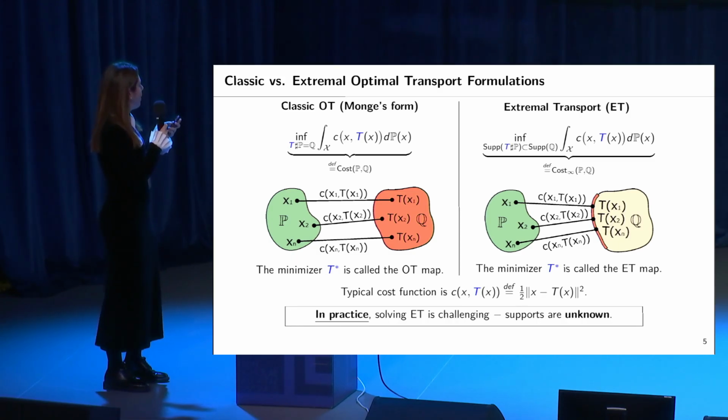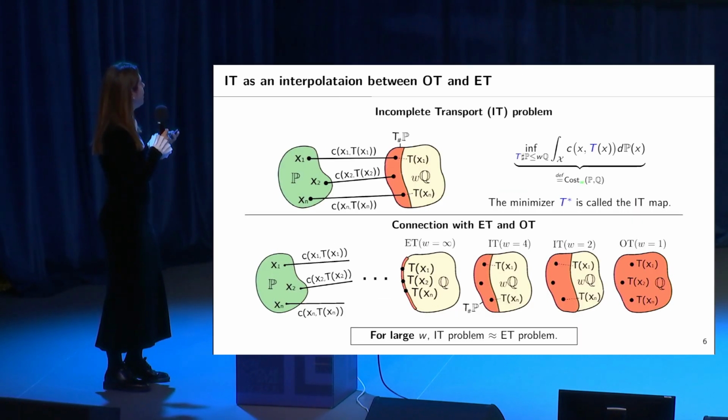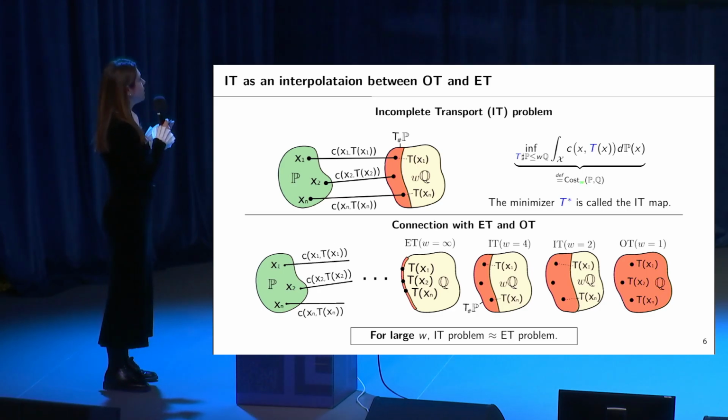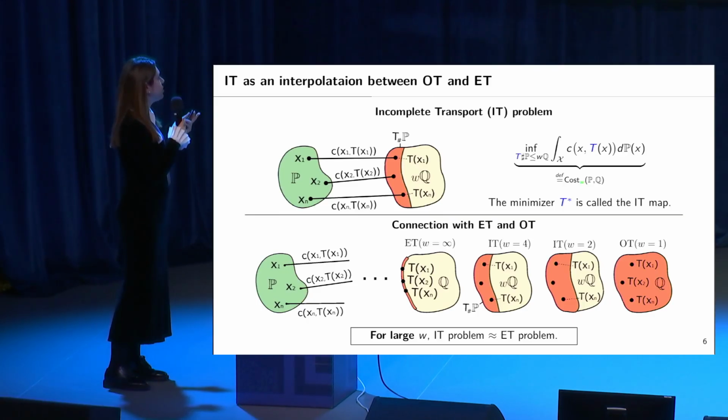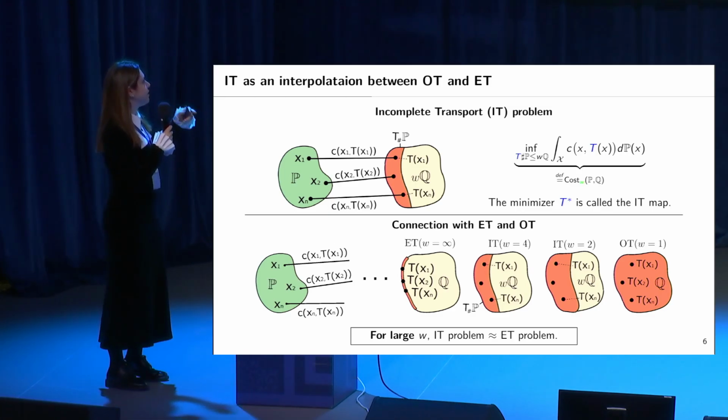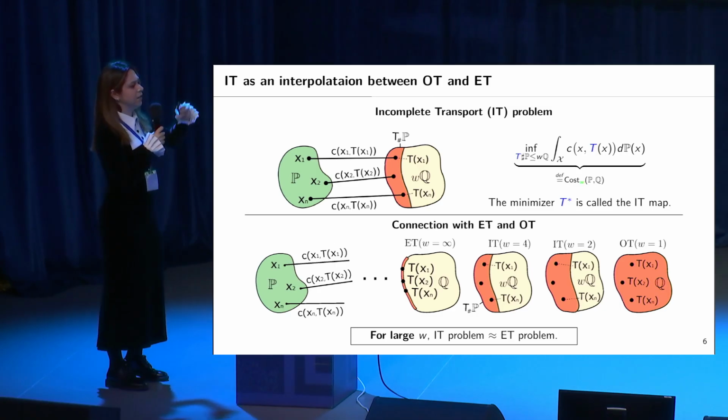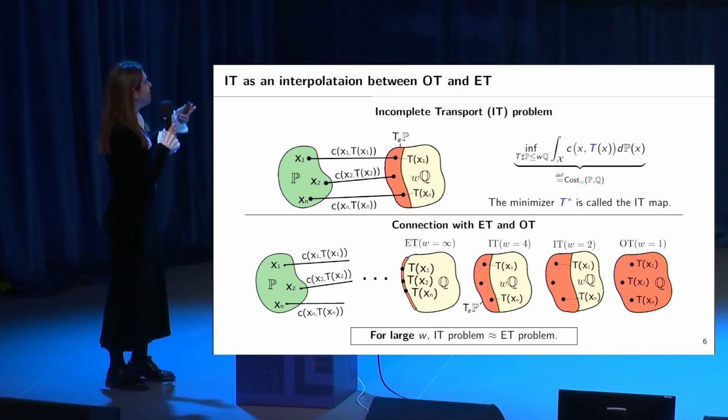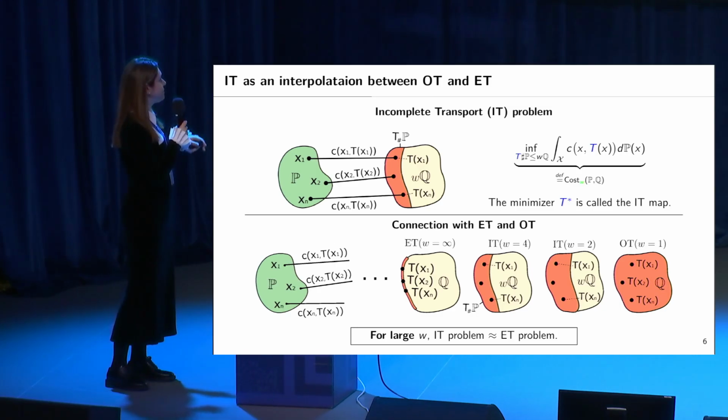So we want to obtain another formulation to approximate the extremal transport. We consider the so-called incomplete transport problem. Informally, in this problem, we want to map the whole input distribution to a part of the target one. Formally, this can be written as the following problem, where the common equality constraint used in optimal transport is replaced by an inequality one.